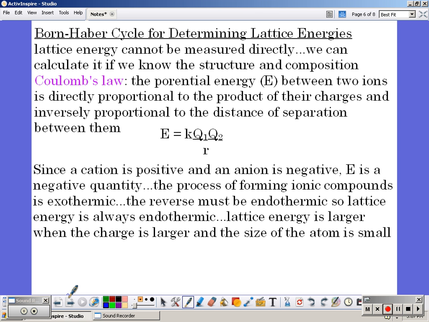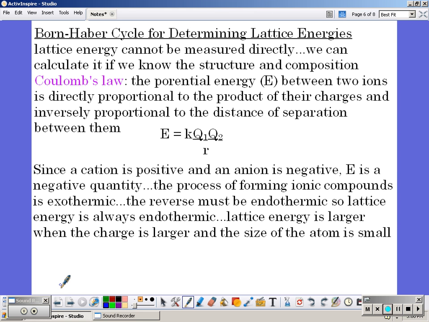So if you're doing lithium chloride, it'd be +1 times -1, divided by the distance between them, r, their radius. Since the cation is positive and the anion is negative, E is going to be a negative quantity. So the process of forming the ionic compounds is very exothermic, which means the reverse must be endothermic. So lattice energy is always endothermic.